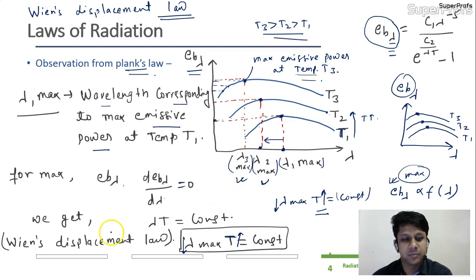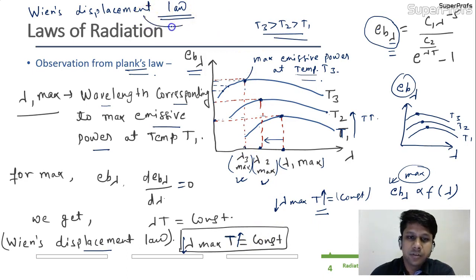So Wien's displacement law is talking about the displacement of this lambda value itself. As you are increasing this temperature, the lambda max value, or the wavelength at which the maximum emissive power will come at a respective temperature, keeps on decreasing. Now from here also, if you increase this temperature, then this peak is coming here, so this lambda max value is again decreased.